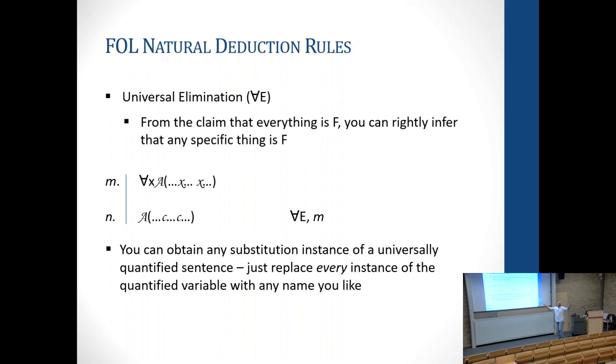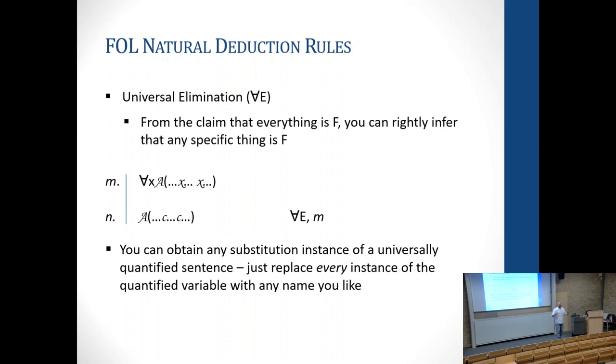So if everything's an F, then C is an F. Then D is an F. Then E is an F. Again, if you've got a universal, that means you can fill in the gaps with any name you want. The only thing to note is that you have to replace every instance of the variable. You can't pick and choose.